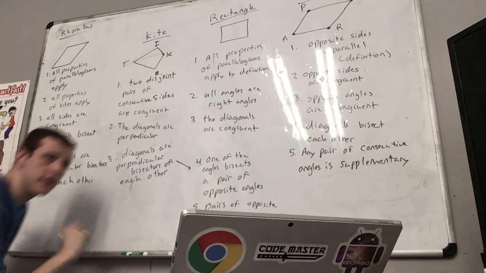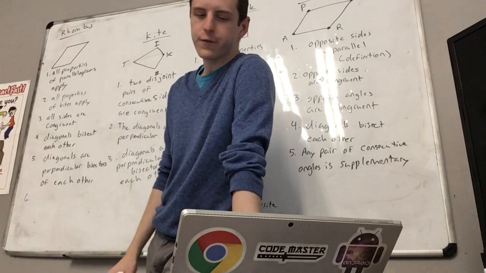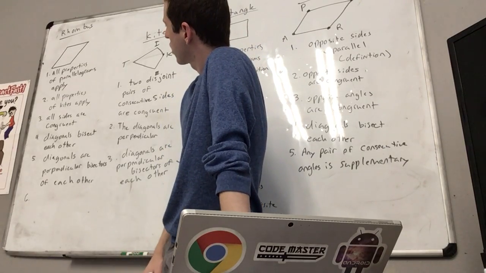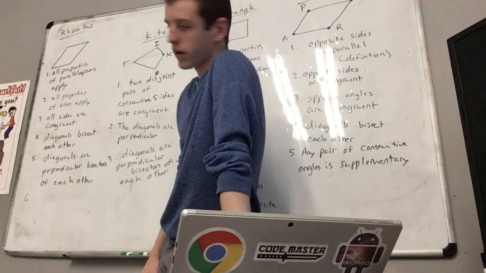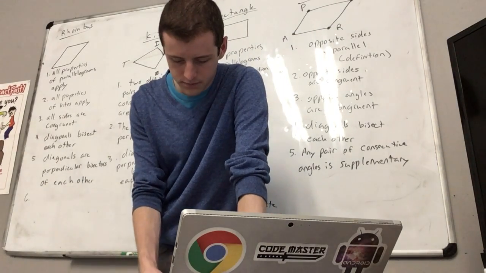And finally, the diagonals divide it into 4 congruent triangles. Oh, right triangles too. Right triangles.